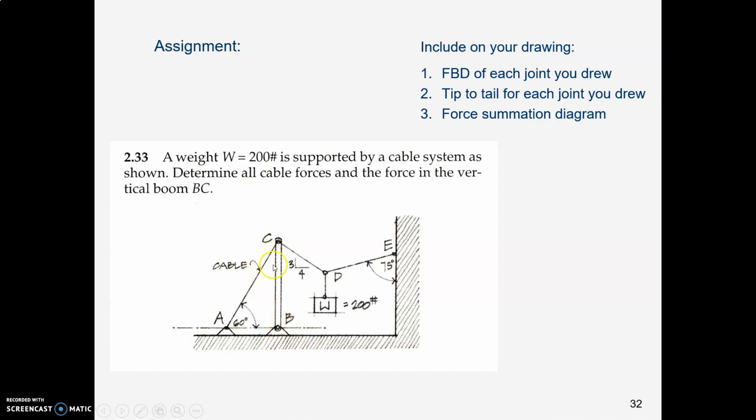And what about this bar BC? I'll bet that's feeling compression, so I bet you'll have an arrow pointing towards C right there. Now you have a free body diagram, and you can put those 3 forces tip to tail and solve the cable and the bar and write those on your force summation diagram. Make sure on your CAD drawing you have a free body diagram of each joint, joint D and joint C, a tip to tail for each of those joints, and a force summation diagram.